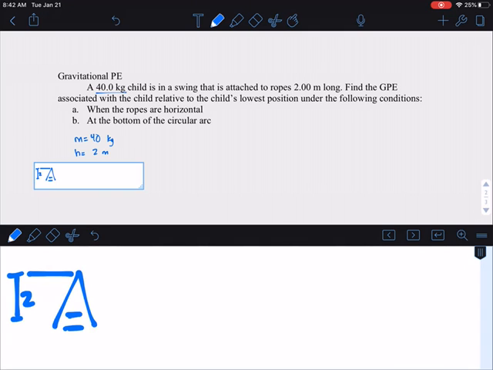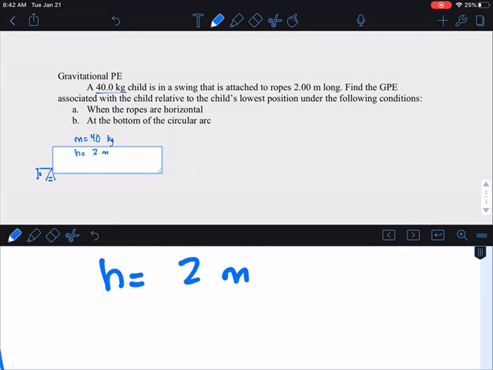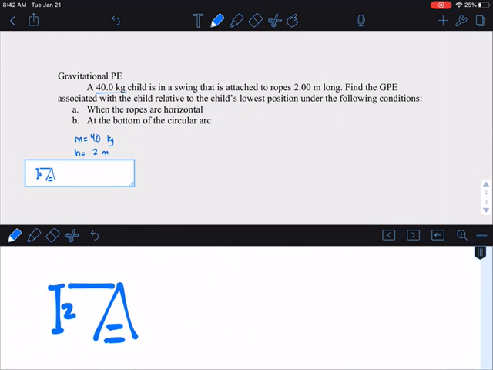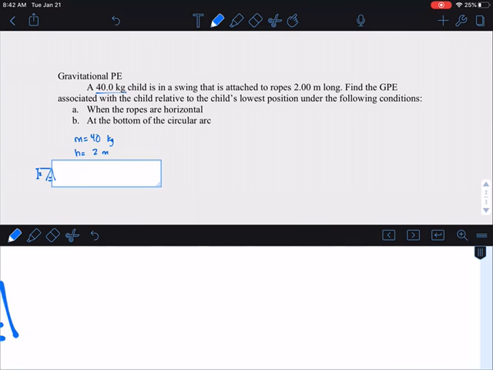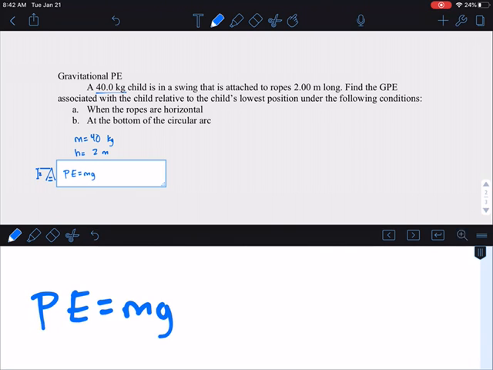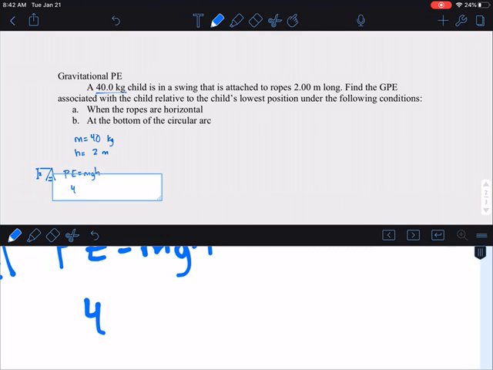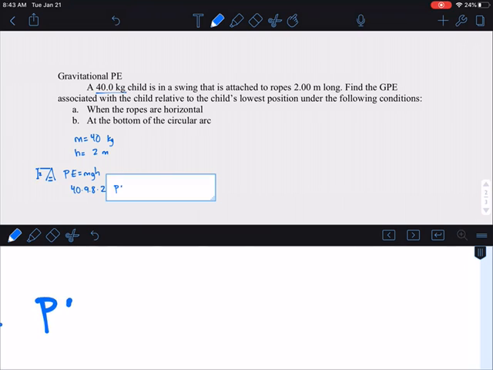For problem A, when the rope is horizontal, we need to figure out the GPE. Potential energy is equal to mgh. We were told the mass is 40, gravity is 9.8, and we're plugging in a positive 9.8 because it's a scalar, so positive or negative doesn't really matter, times the height of 2 meters. So 40 times 9.8 times 2, and our gravitational potential energy is 784 joules.